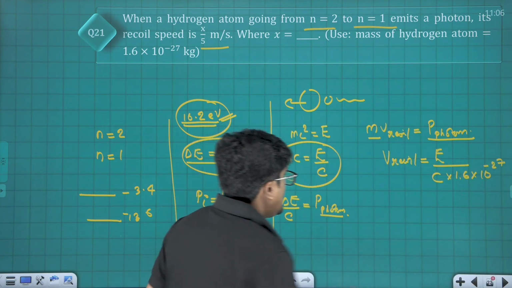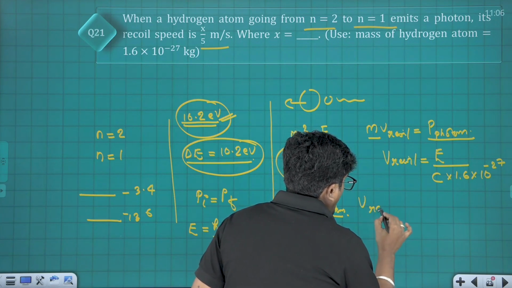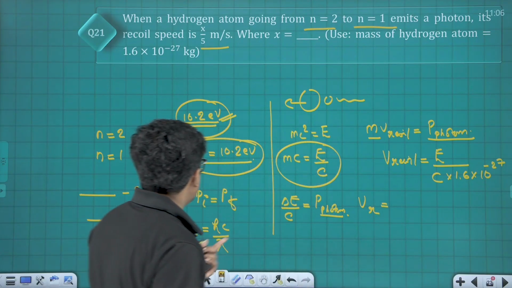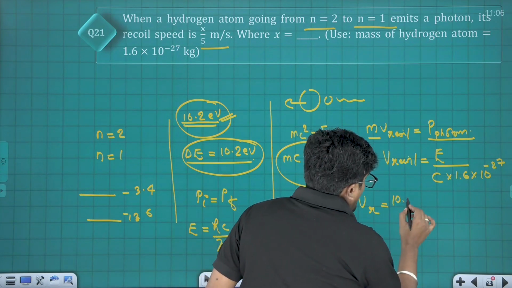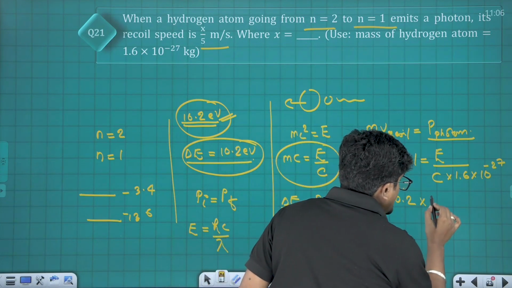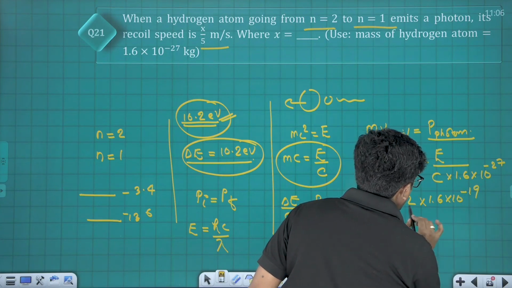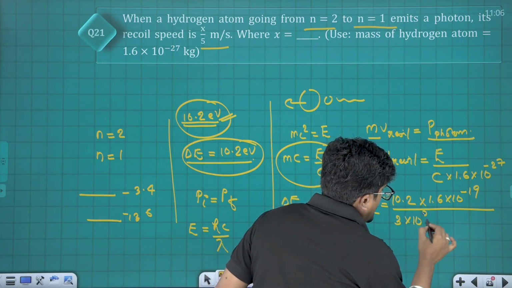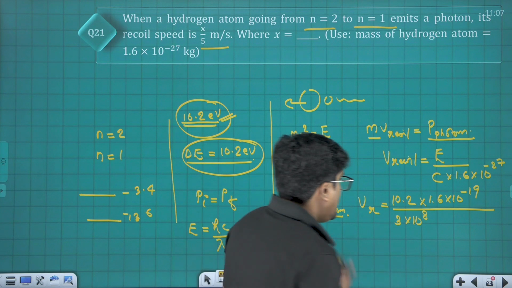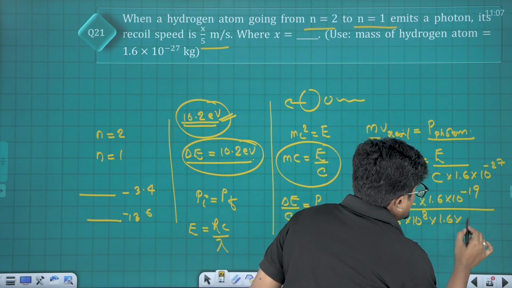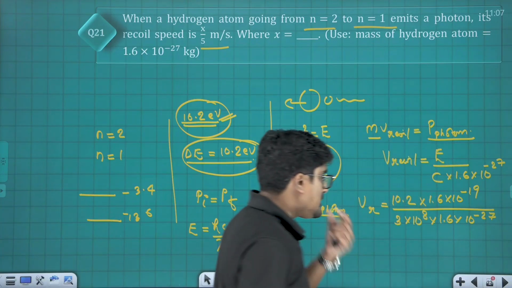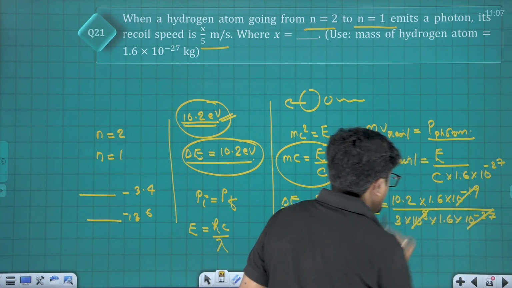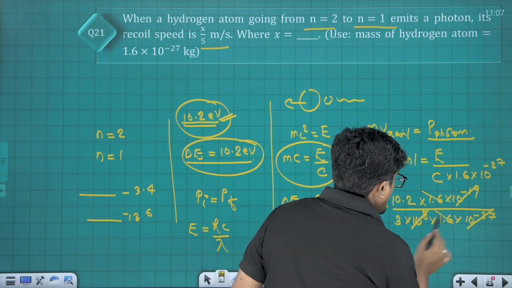Now V of recoil, V suffix R, is equal to the energy, 10.2 electron volt, converted into joule that is 1.6 into 10 to the power minus 19, all divided by c, that is 3 into 10 to the power 8, multiplied by 1.6 into 10 to the power minus 27. The 10 to the power 8 and 10 to the power 27 cancel, and 1.6 and 1.6 also cancel.